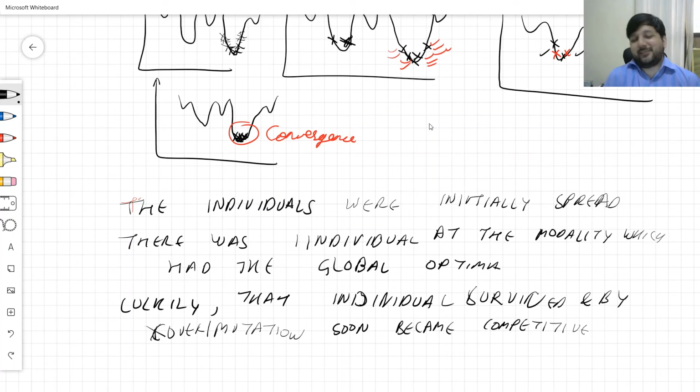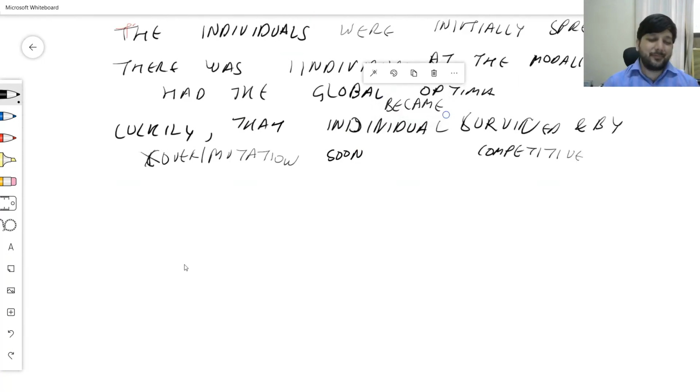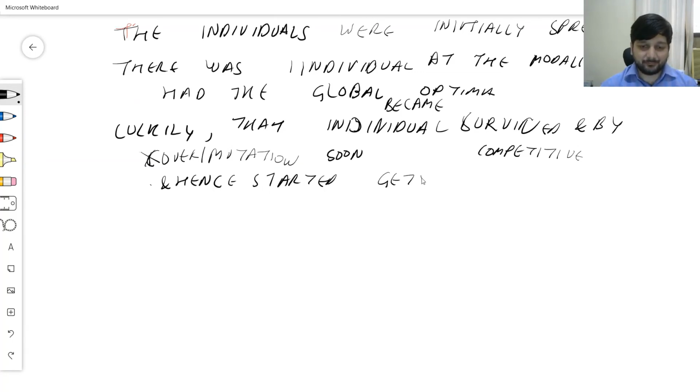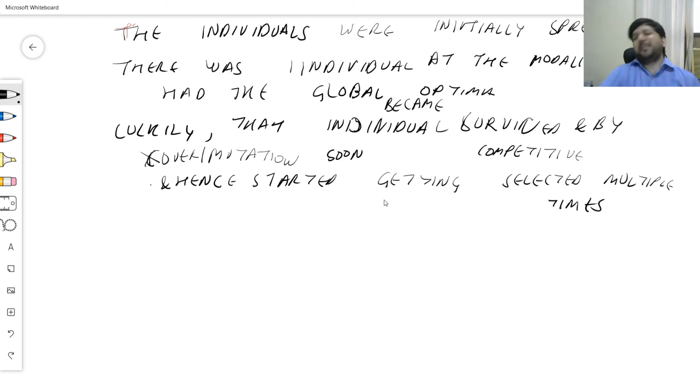So it proved its worth with time, and hence started getting selected multiple times. Now when it gets selected multiple times, it produces more offspring. Some of them will be bad, but a few of them will be good. And luckily, some of the offspring were better.